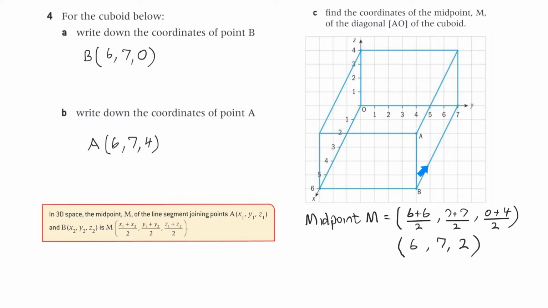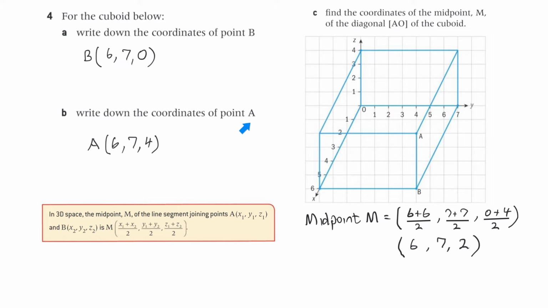So along this line here, the y value is 7. And the z, because it's this bottom piece here, is at the z value of 0, because this whole plane is z equals 0. So the point is 6, 7, and 0. So that's x, y, and z.